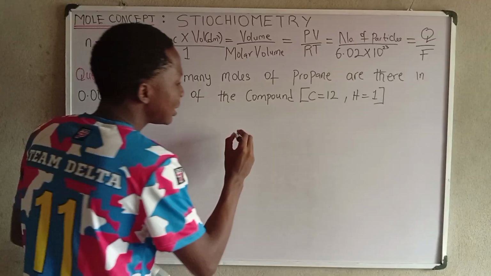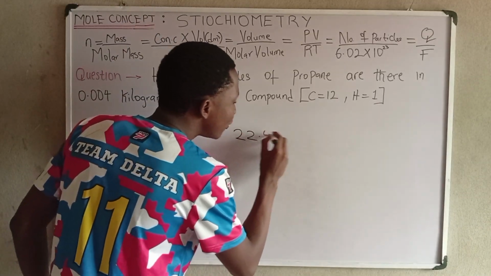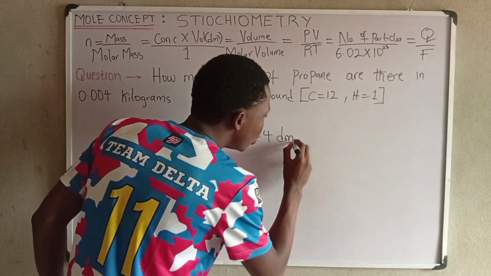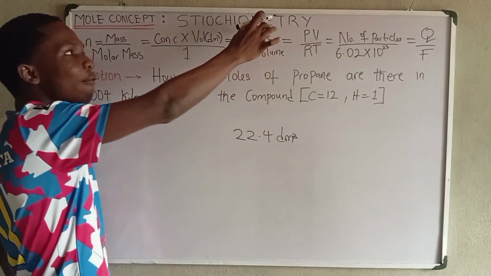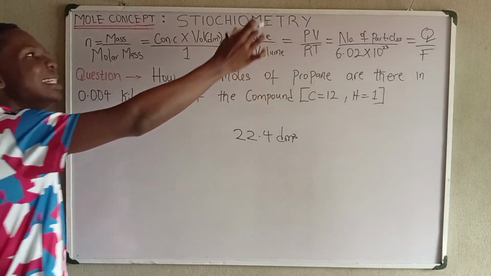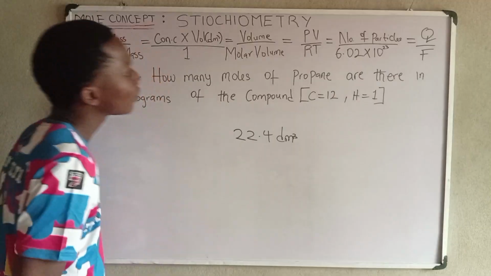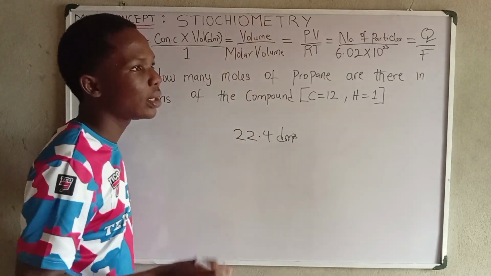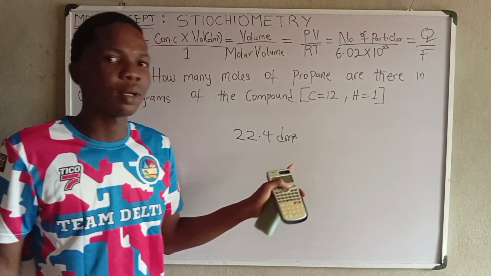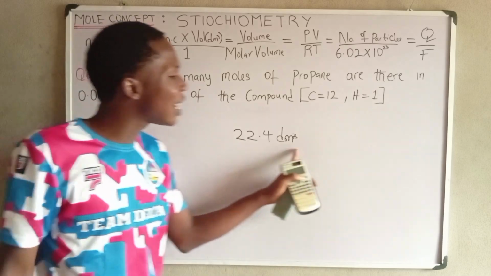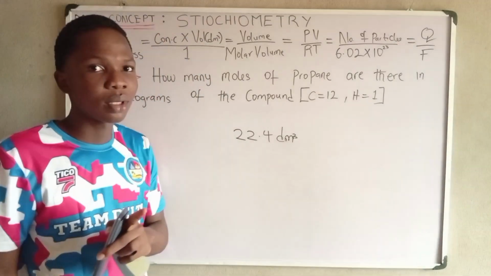Let me write it out. 22.4 dm cube. We can only use this value when our volume given in the equation is in dm cube. Take note. When our volume in the equation is given in cm cube, you cannot use this value. Rather, you will convert this value to cm cube.